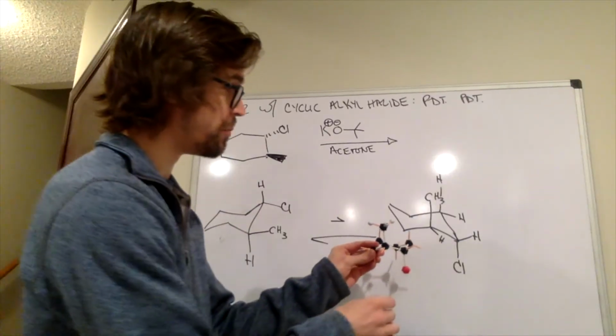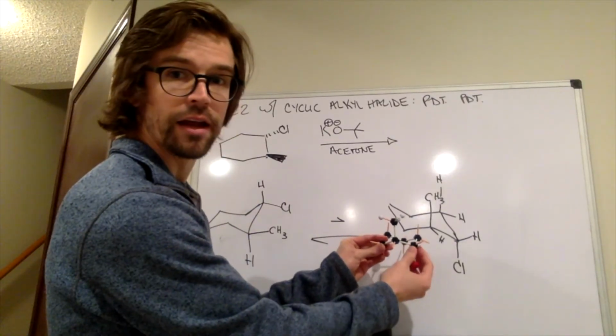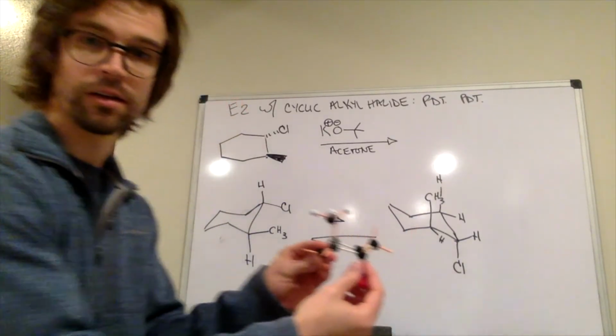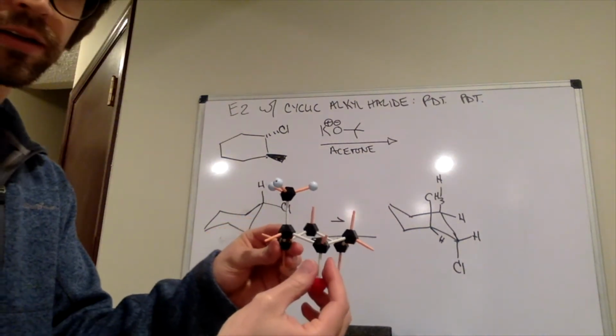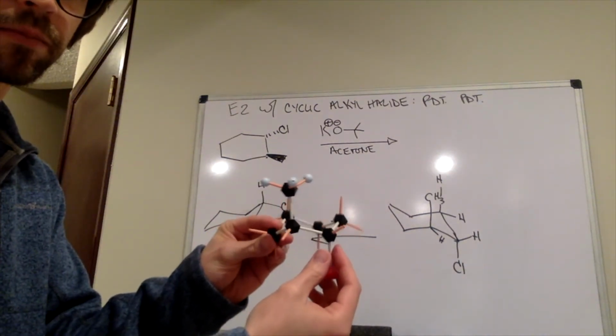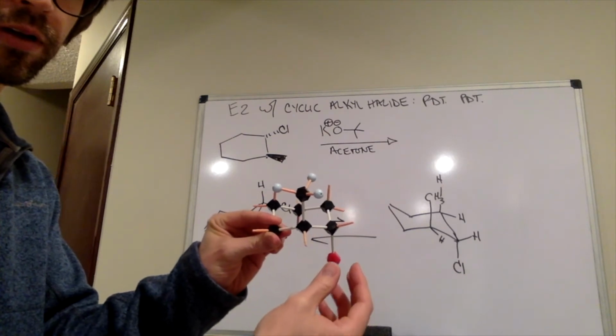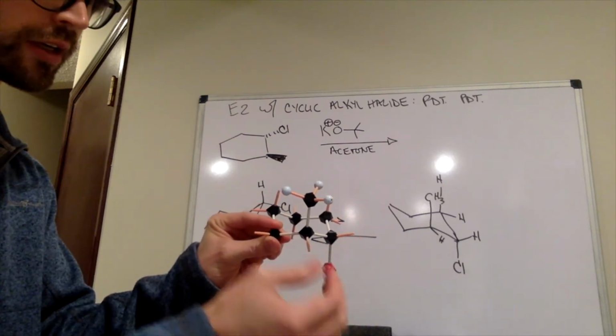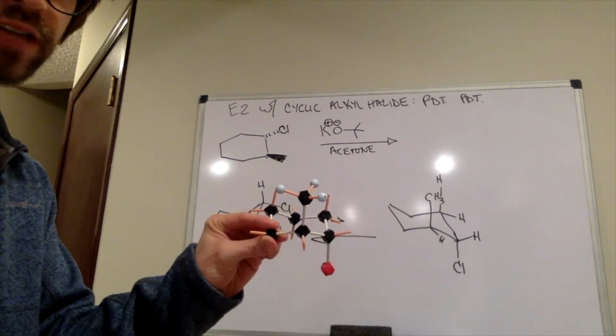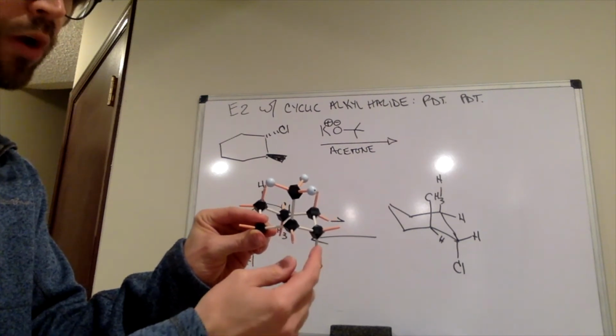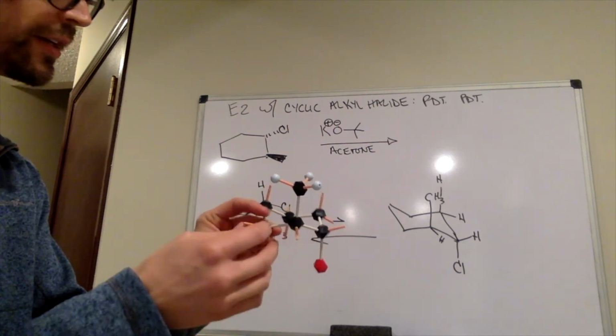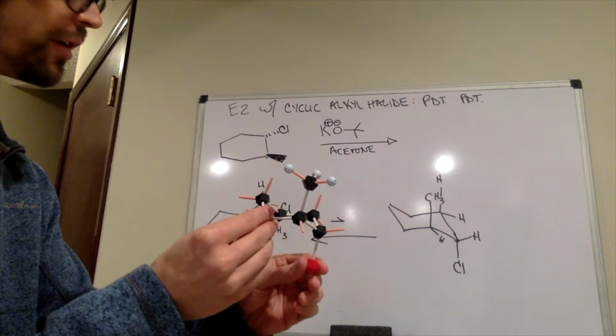All right, so now I have the model of this. You can see that the CCl is going down axially. The CH3 is coming up axially. And what is antiperiplanar to this CCl bond?